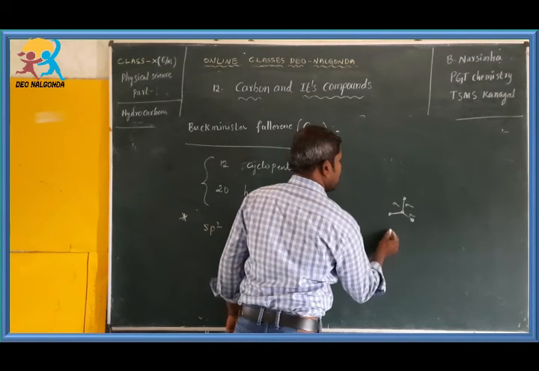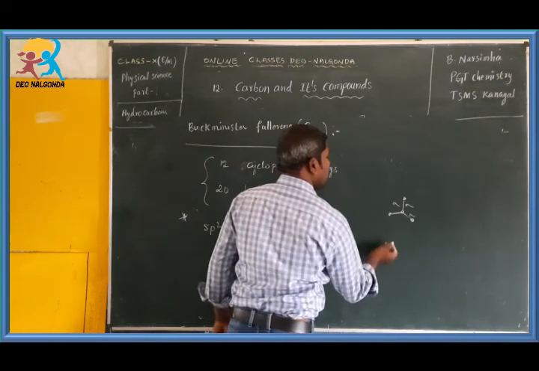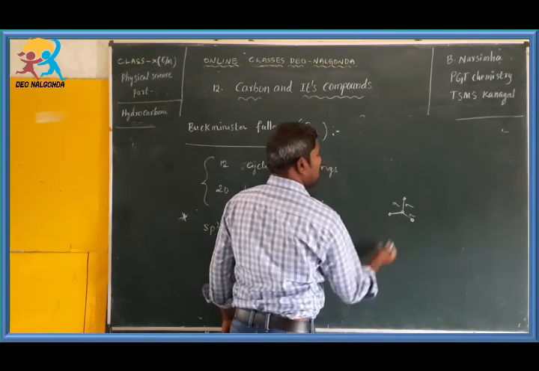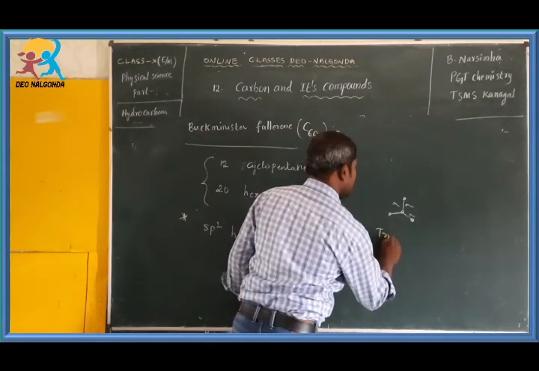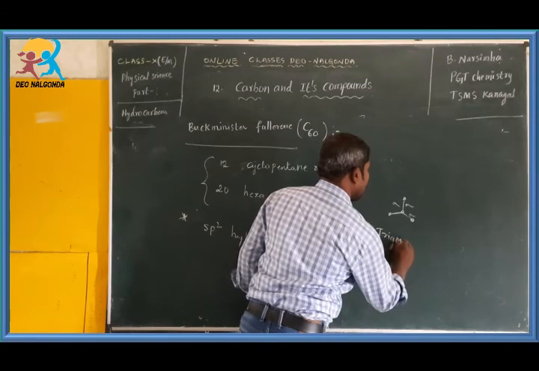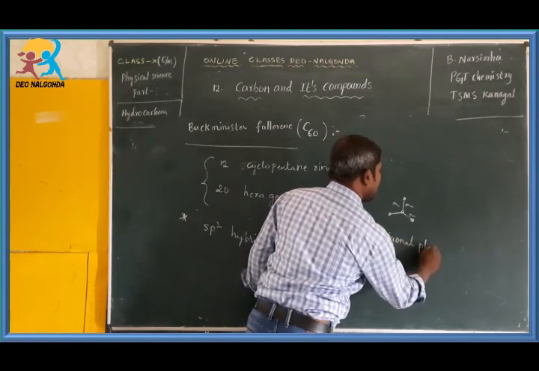Therefore, the bonding capacity is also 3. This is the trivalency. This is the trigonal planar shape.